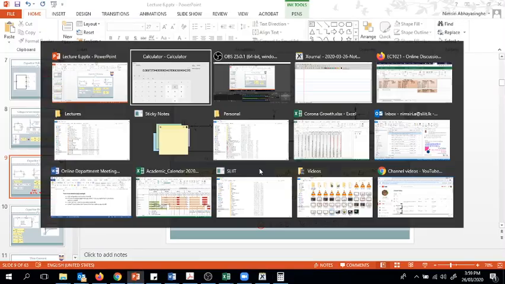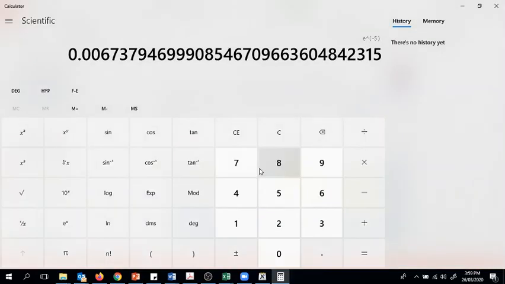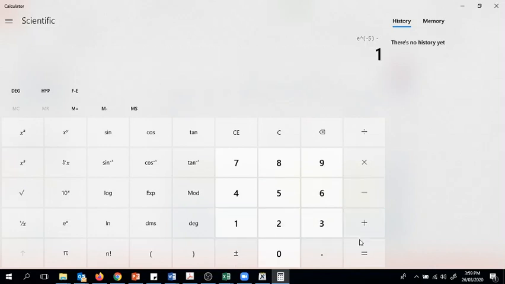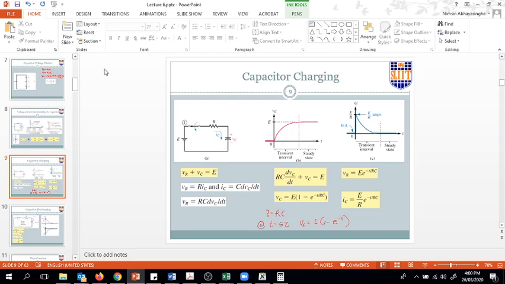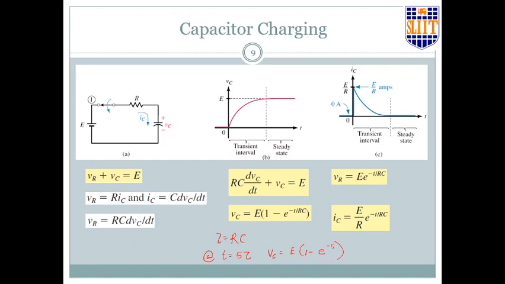So 1 minus that is 0.9932. So this is equal to 0.99 E, which is very close to E. So in practical scenarios, this is actually less than 1% error.